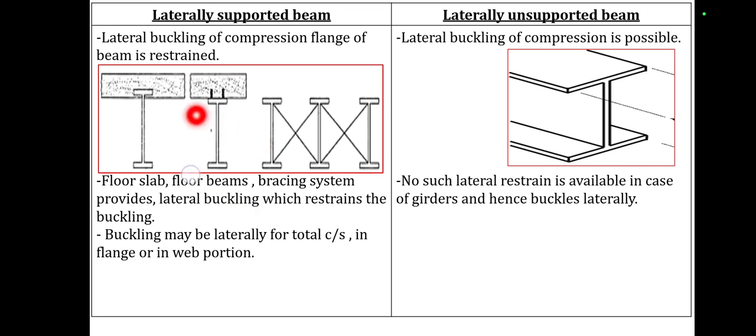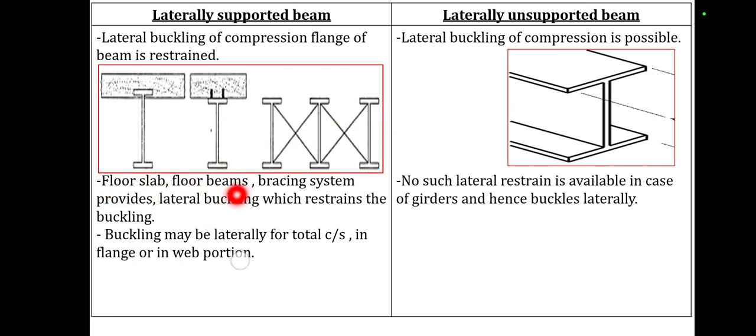Here, my dear students, the top compression flange is directly embedded into the slab, or studs are mounted on this top compression flange and those studs are embedded in the slab, or the bracing is done in such a way that the top compression flange remains restrained against buckling.